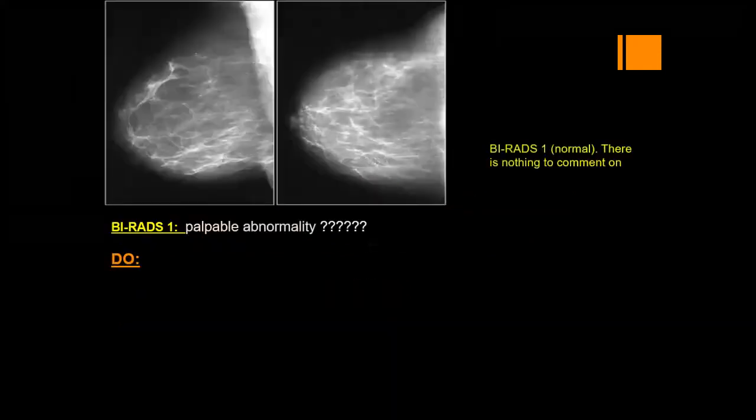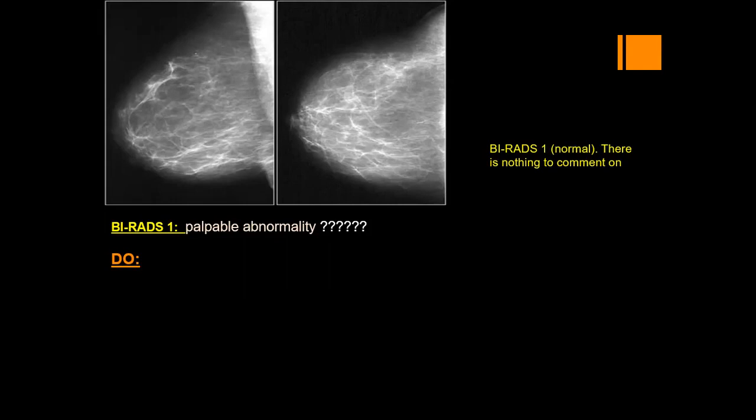Okay. This is a normal mammogram, but the patient is having diagnostic mammography and has a palpable abnormality. So it will be 1, but she has to correlate it clinically, and you have to write that.